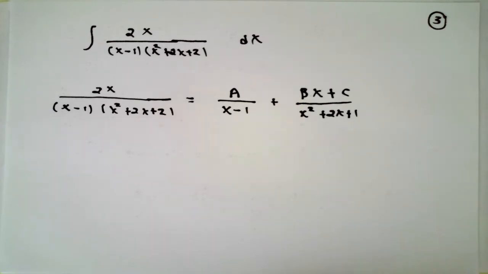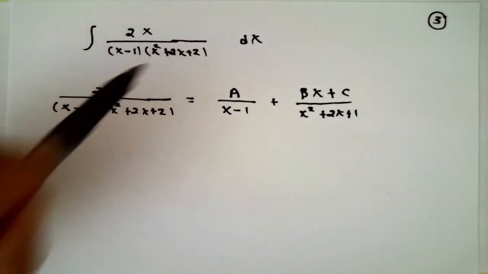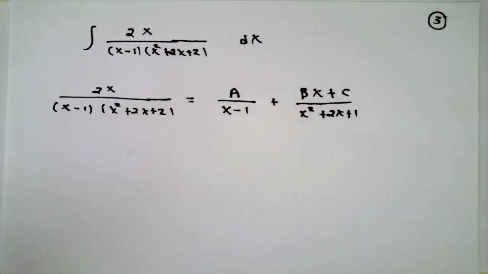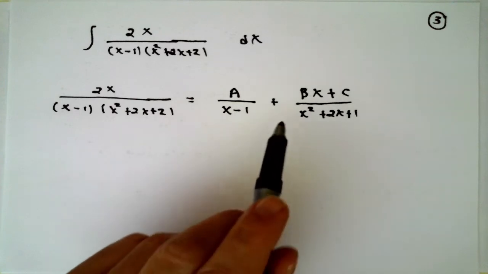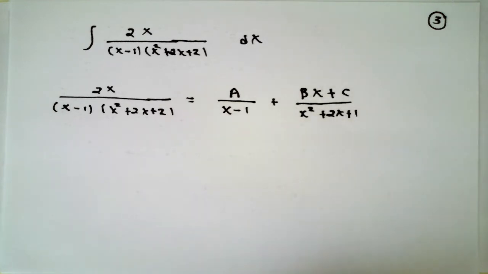After messing with the algebra, it develops that if I have an irreducible quadratic factor that is only there one time, then the thing that I have to do is to have an additional term. The irreducible quadratic goes on the bottom, and upstairs, a linear polynomial, a first degree polynomial of form some constant b times x plus some other constant c.